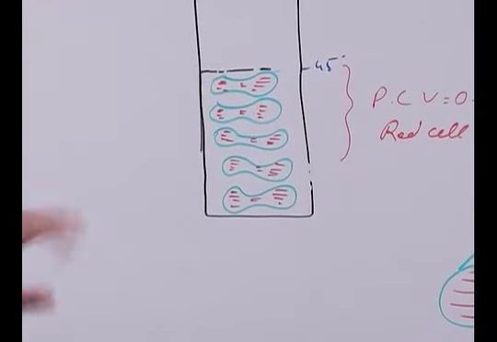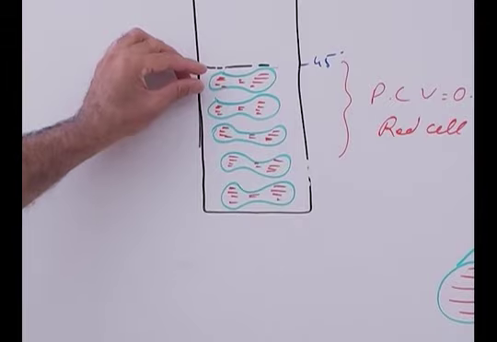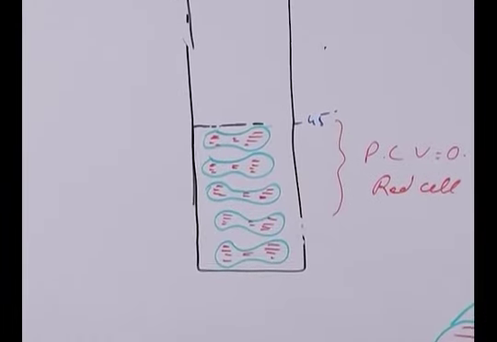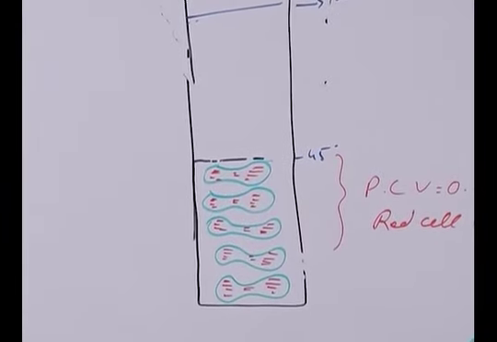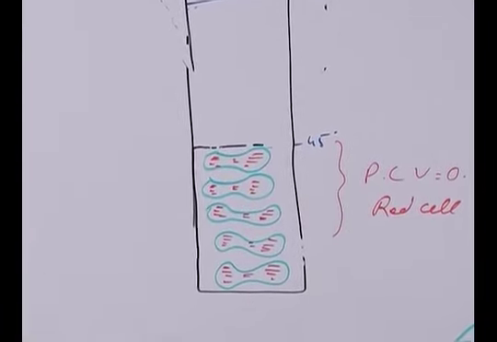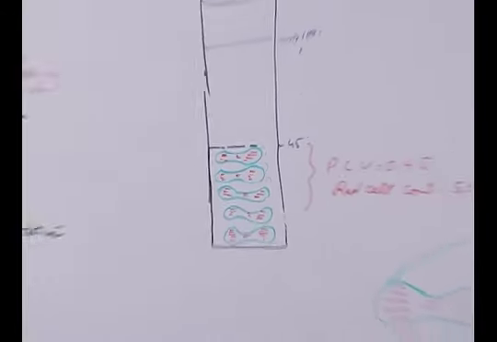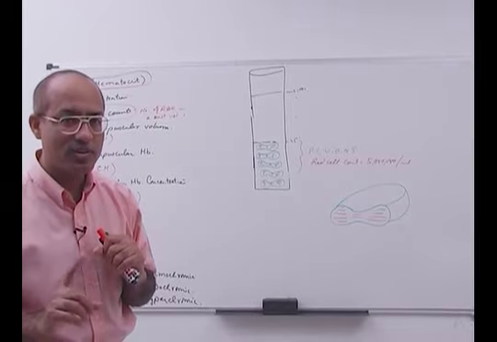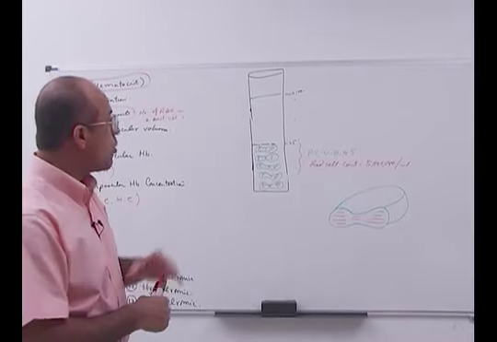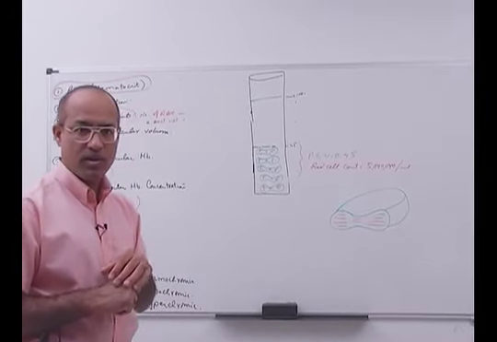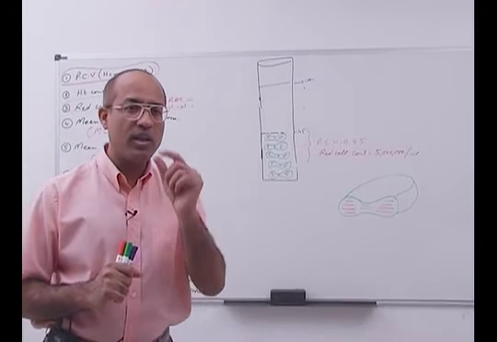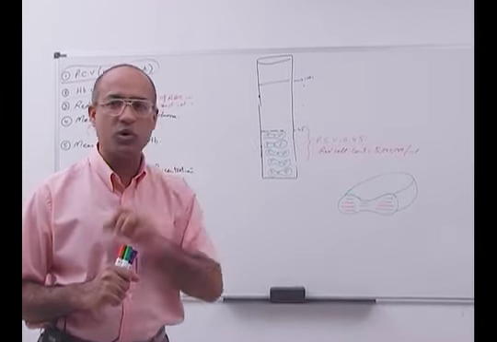Now, actually, red blood cells are not 100% full of hemoglobin. This is very important. A red blood cell is a bag of hemoglobin, but this bag is not 100% full. About 1/3 of it is loaded with hemoglobin. Why does a red blood cell normally have only 1/3 of it full of hemoglobin?